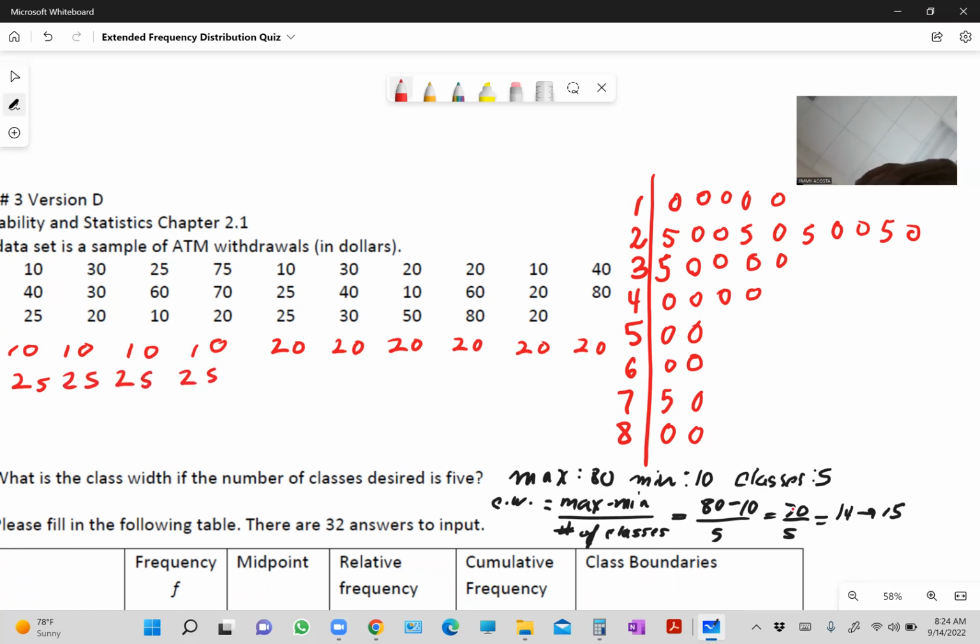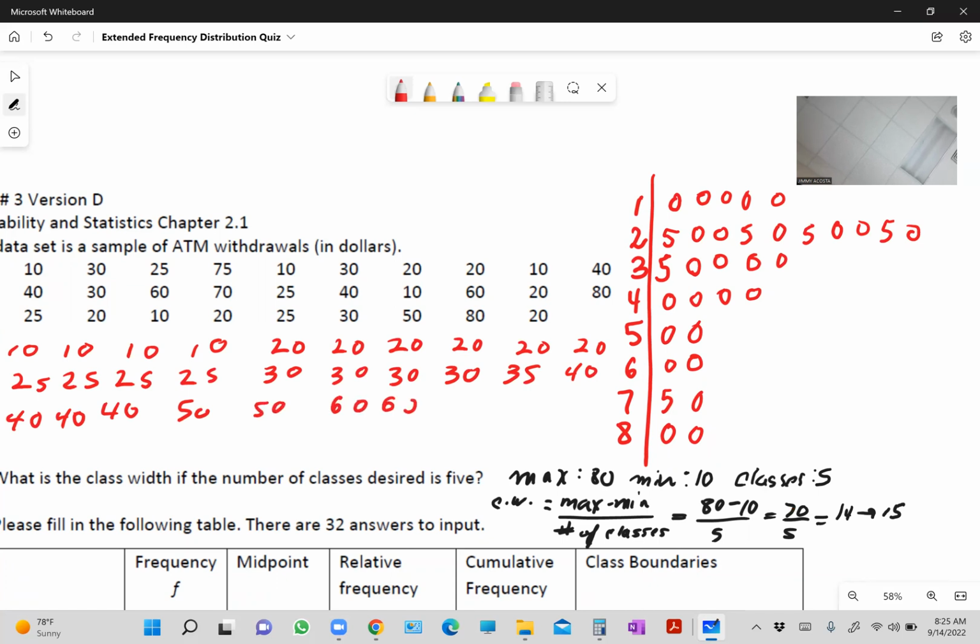I have 1, 2, 3, 4 30s. I have a 35. Then I have 4 40s. And then I have a 50, 2 50s, 2 60s. The 70, a 75, and 2 80s.